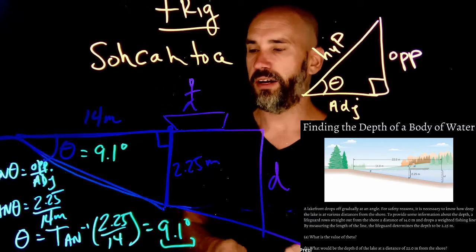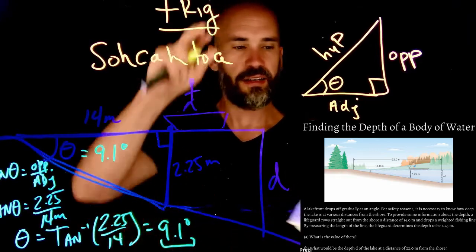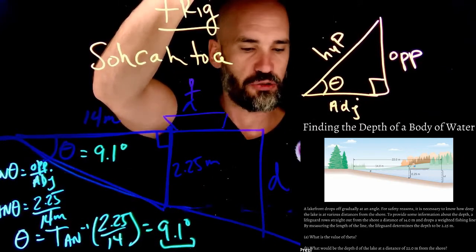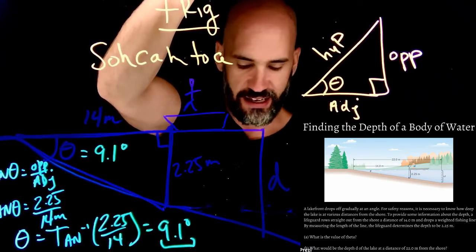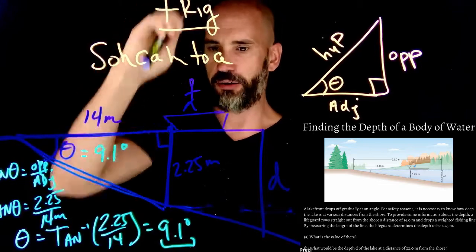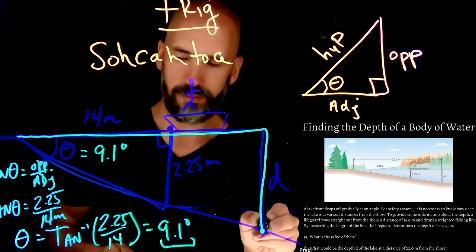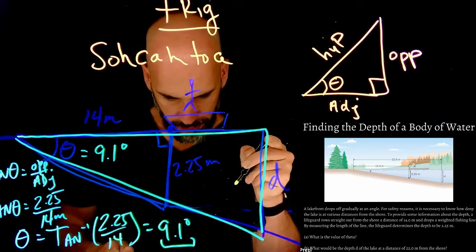And the beautiful thing about finding that, guys, is that now I can use it to find the depth anywhere else using this trig function, right? So let's say now part B says, what would be the depth of the lake a distance 22 meters out, right? So now this is my new triangle at 22 meters.